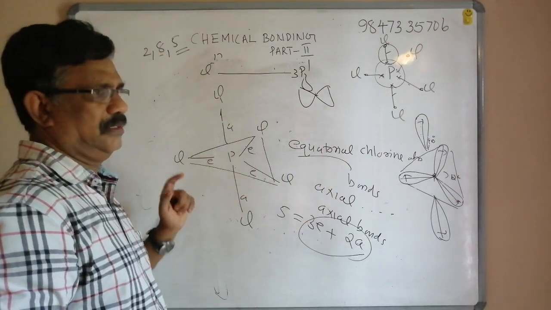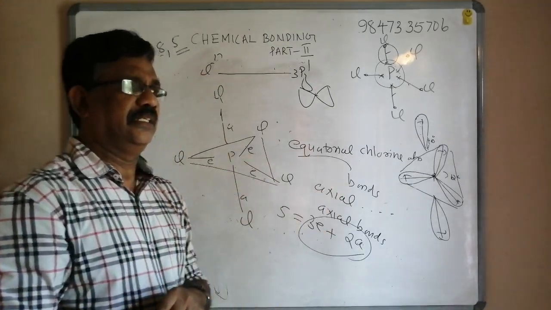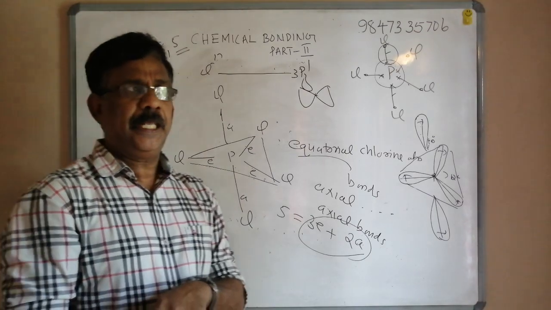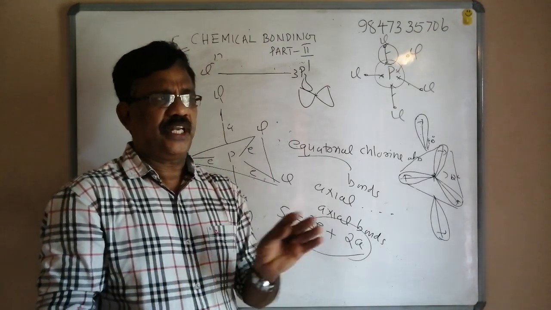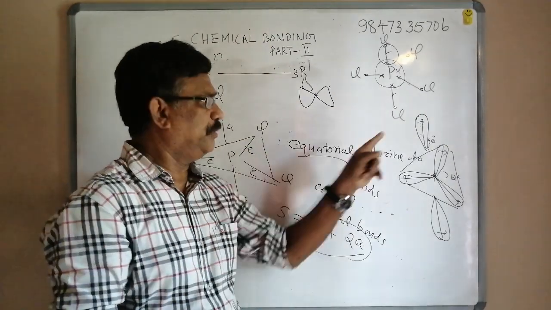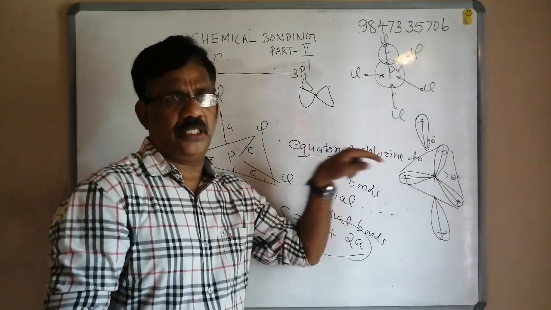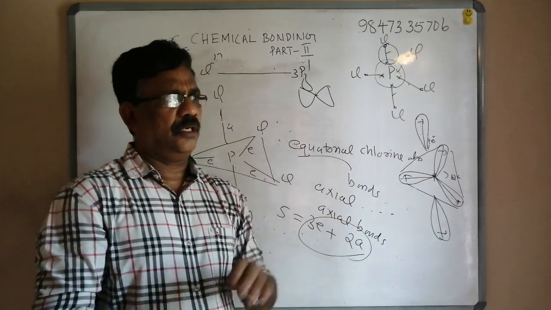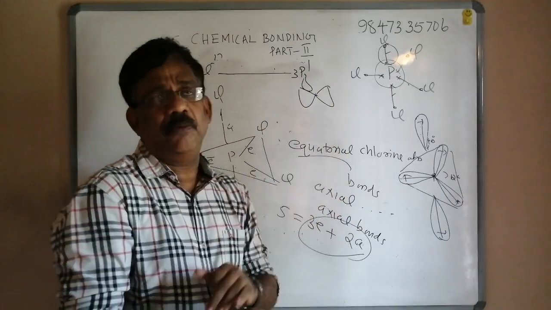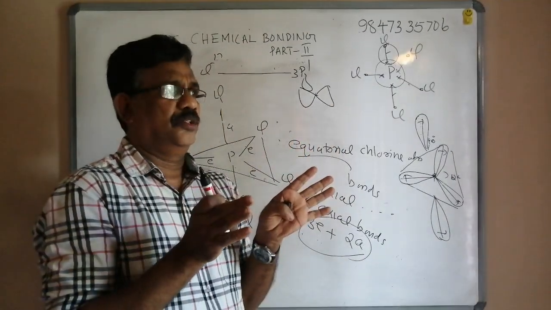At first sight we think all bonds are identical, because the hybridization of phosphorus is sp3d. Phosphorus produces 5 sp3d hybrid orbitals, the chlorine atoms overlap with these, and all 5 overlaps are sp3d-p overlapping.